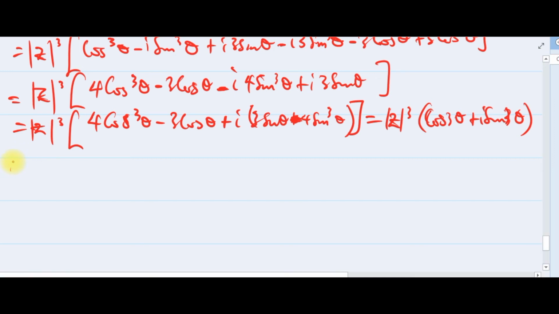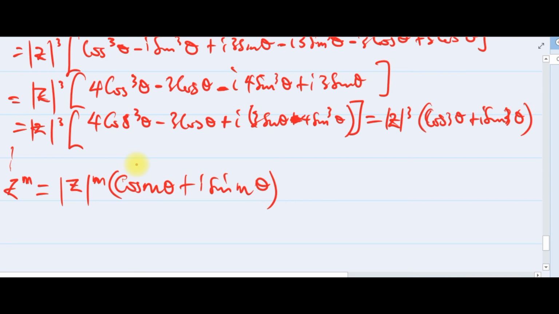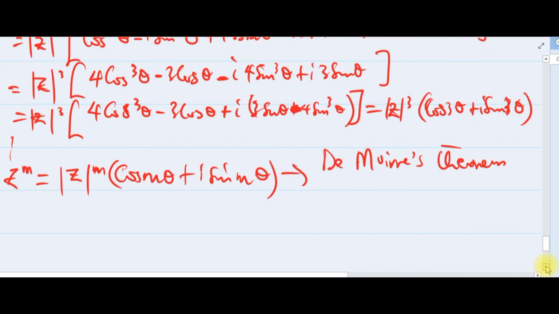We are saying that for any power m, it is always z absolute m, cos m theta plus i sine m theta. So that's what we call de Moivre's theorem. It's a very powerful theorem, we use it to solve the power of any complex number.